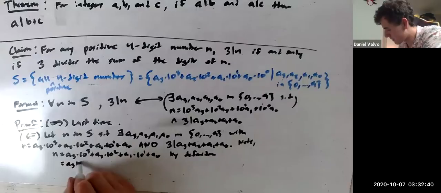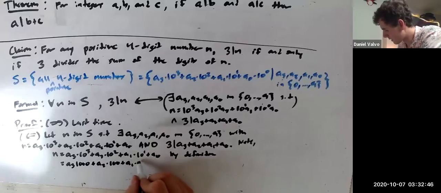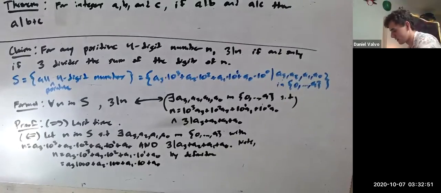But then 10 cubed is actually 1,000. 10 squared is actually 100. 10 to the 1 is 10. And we just have A0 here.